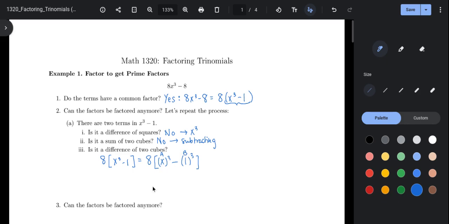So I'm going to apply that formula. And when I do, we end up getting, and again, we're just applying this to the inside, our brackets, the difference of A and B, so x minus 1, times x squared plus x times 1 plus 1 squared.